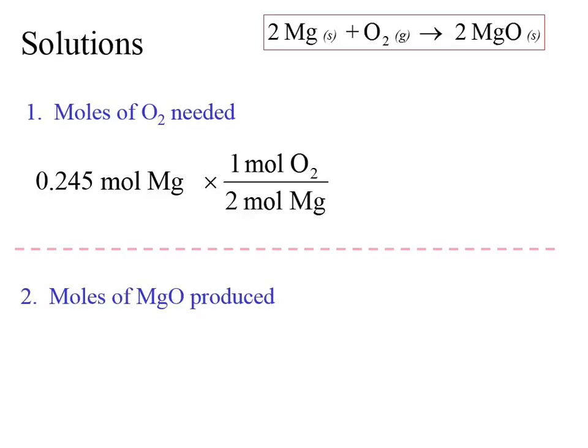Again, this 2 came from here, and this 1 came from here. All right, so half of 0.245. So that means that the moles of oxygen I'm going to need is 0.123 moles.